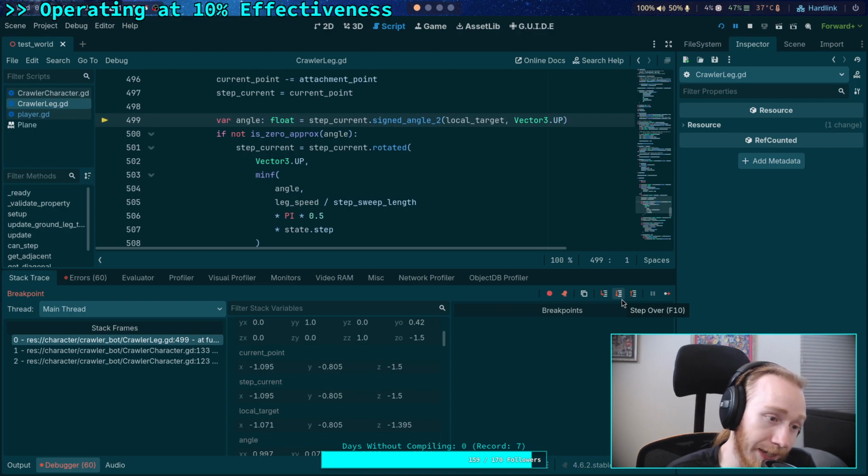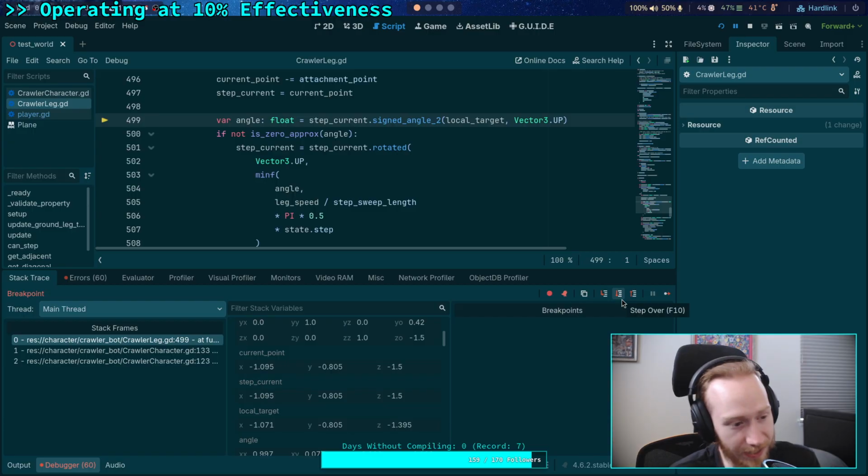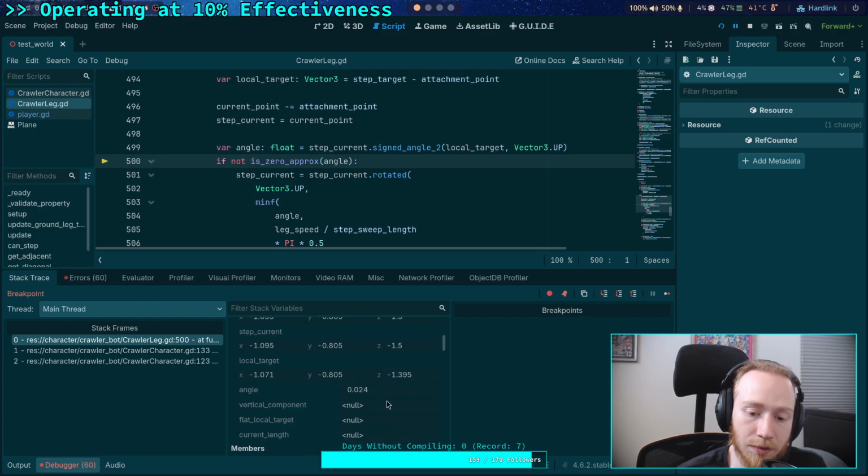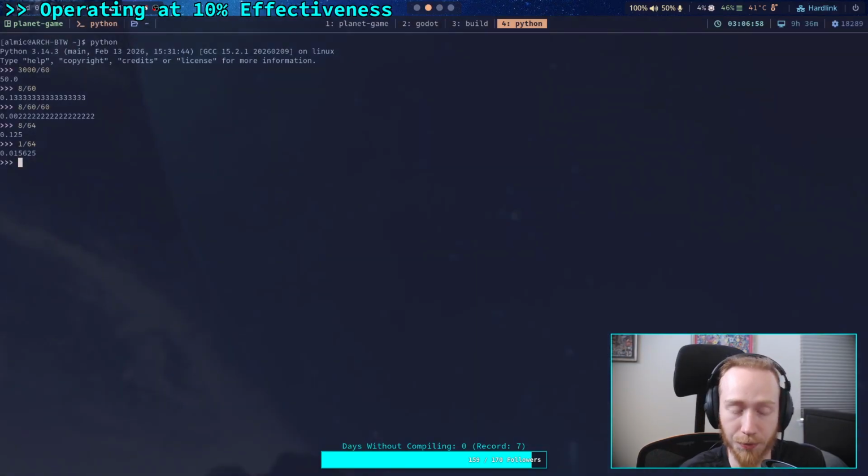Angle, assigned angle. I expect this to be... I guess if I turn on debug, I could predict it more. Maybe like 20 degrees? Maybe even less. Let's see. Okay, 0.024. That's really small.